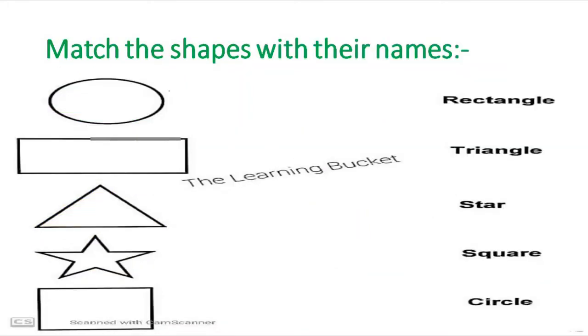Now match the shapes with their names. In the previous lecture I told you to memorize the spellings of the shapes. Do you remember that? So this is the circle. Where is the spelling of circle? Look, C-I-R-C-L-E, circle. Match it.